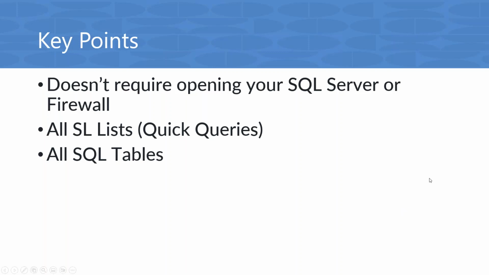Additionally, we can pull all SL lists, and lists really are any type of data that we have in there. So maybe a list here that's, in this case, a CSV file that was sitting inside of a data lake. It could also be on the SL side of things. It essentially is a SQL statement, pulling from the quick queries, or maybe it's a web service call.